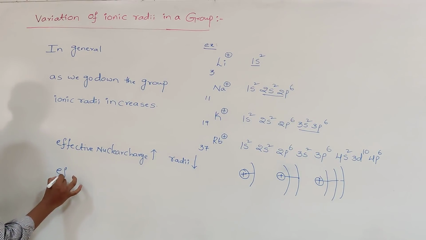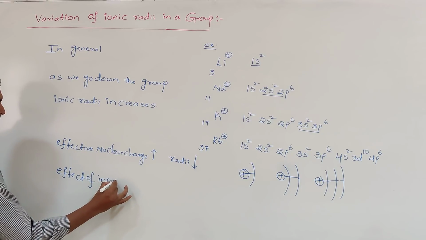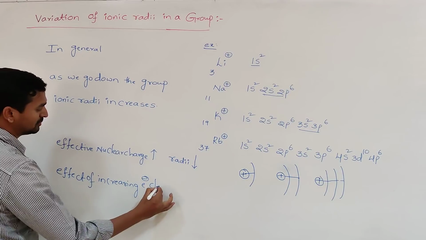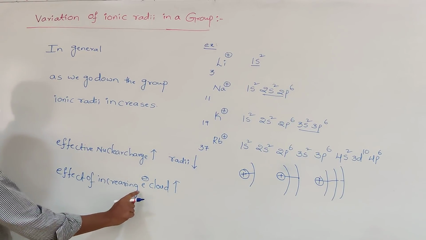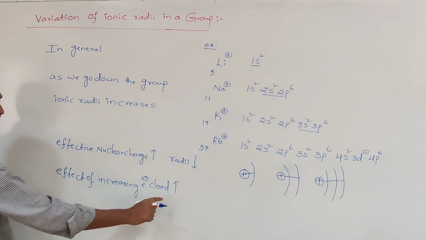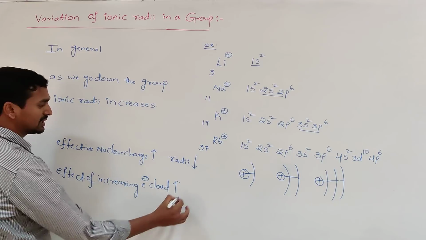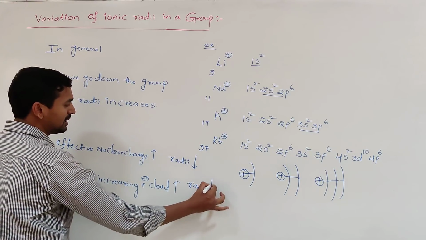The effect of the increasing electron cloud means the distance from the center of the nucleus to the outermost shell increases. That supports that the radii increases.